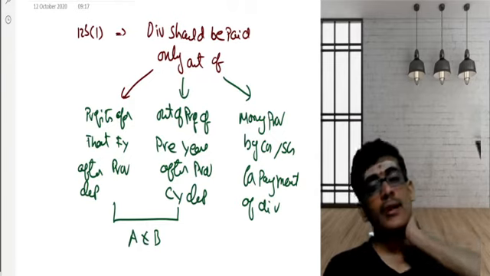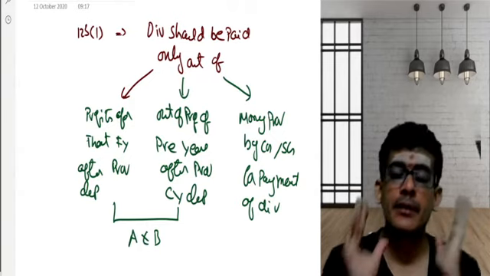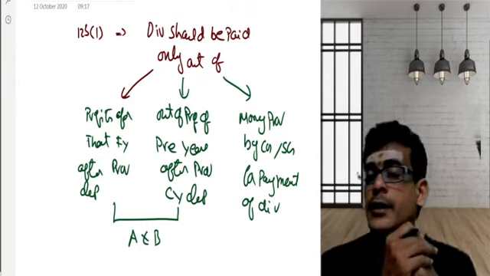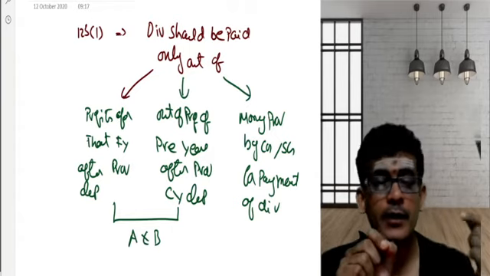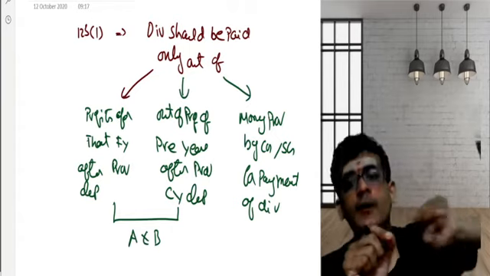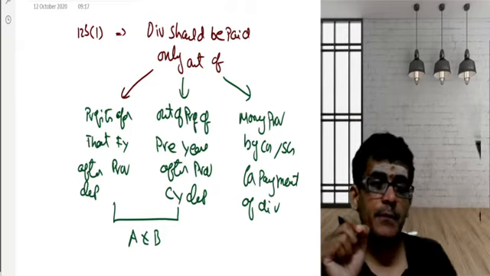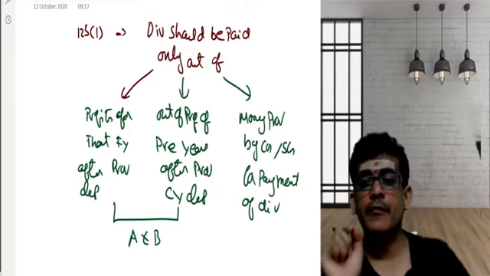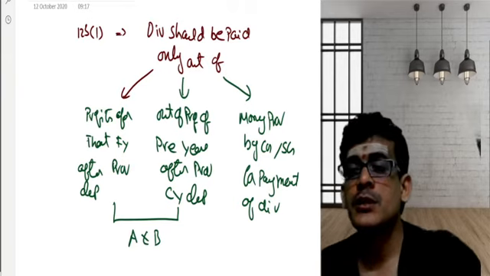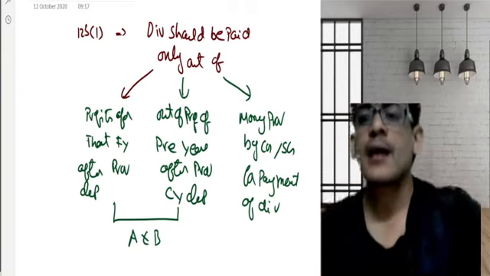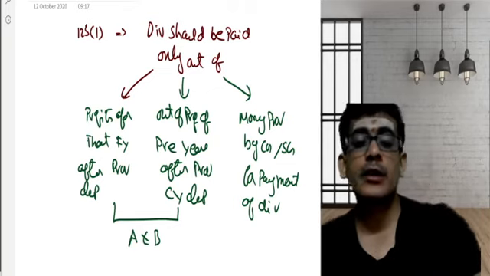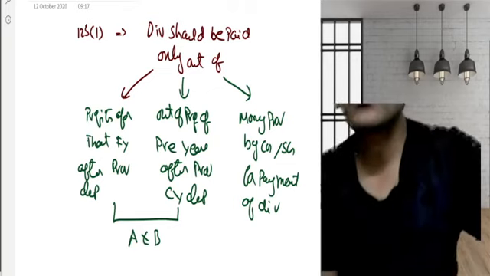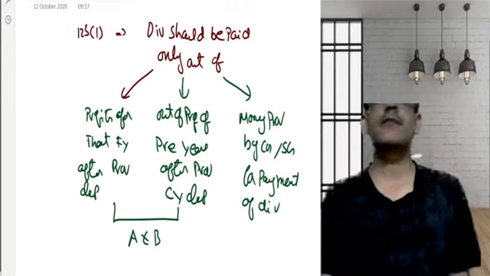So these are the only three cases where you can declare dividend. If you have a profit, then only you can declare dividend. And that profit should be after providing depreciation. After allowing depreciation, if you still have a profit, then only you can declare the dividend. Otherwise you cannot.